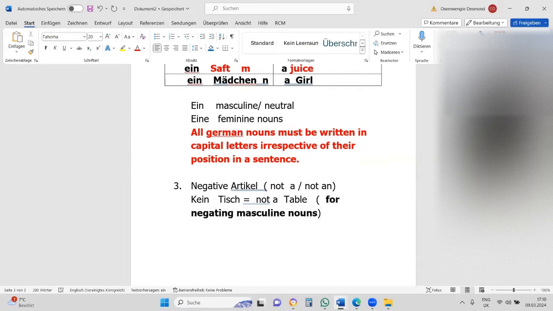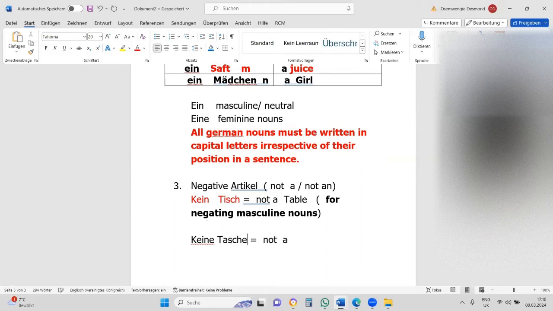Also, we have one called keine. Keine can be used for negating feminine nouns. For example, keine Brille means not a pair of glasses, or let me use something easier to remember: Tasche, keine Tasche.